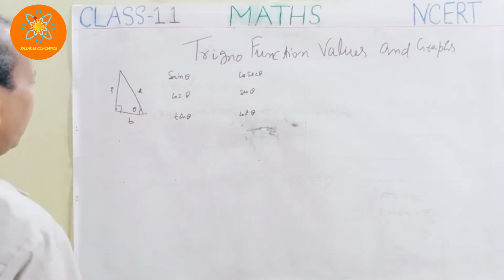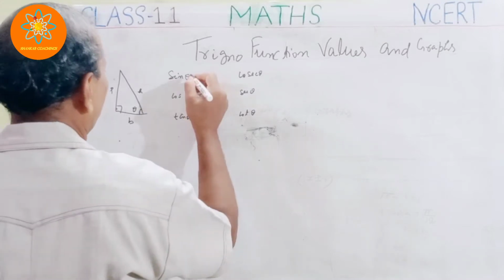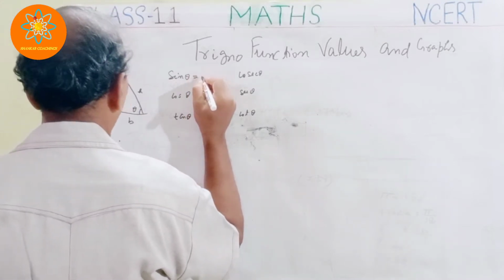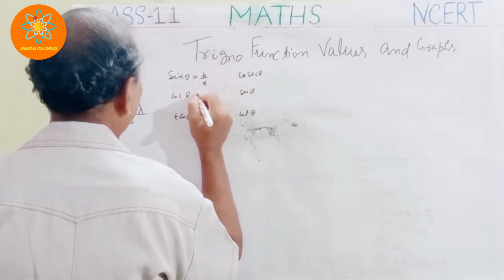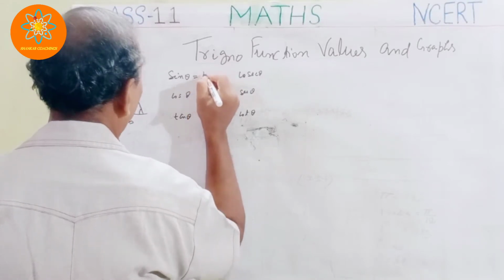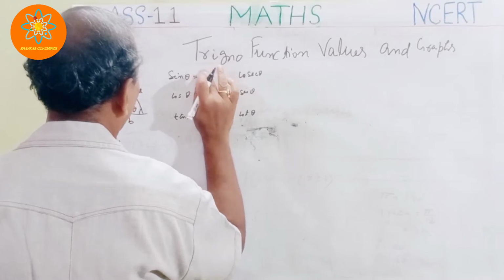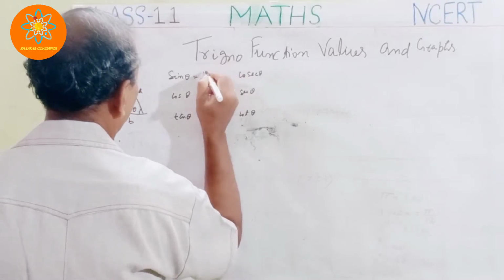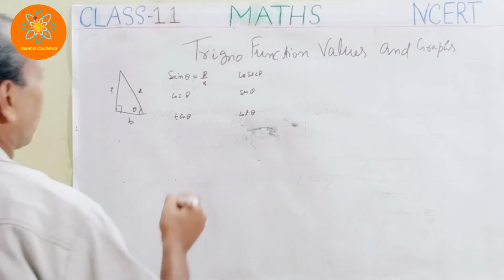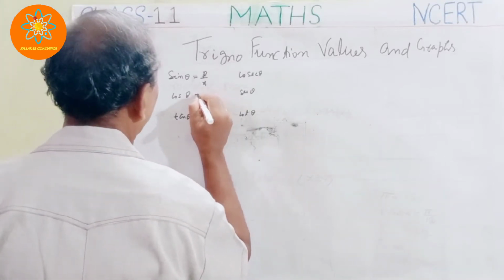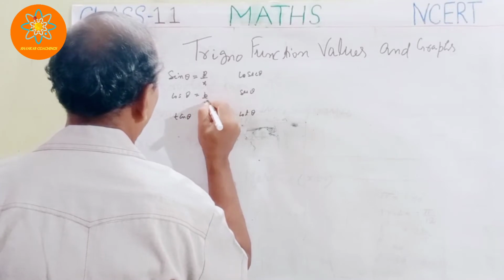So how to define all these as ratios? Sine theta is equal to, sorry, not b by h, this will be p by h. Similarly, cos theta is equal to b by h.